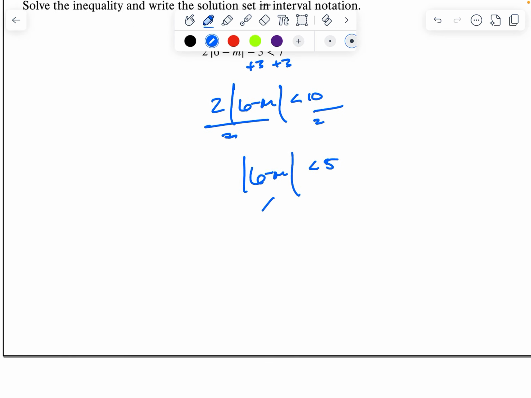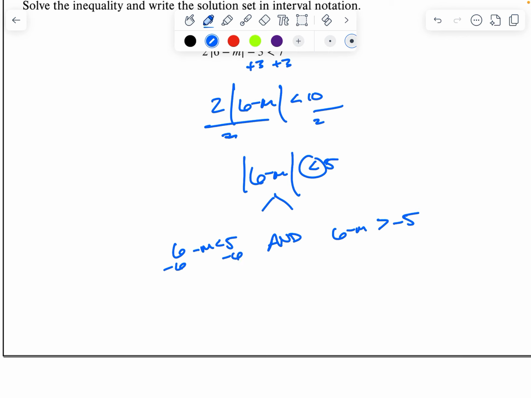Then we can break it apart into 2 different equations. Since it's less than, we know it's going to be an and. And 6 minus m, less than 5. One exactly the same, 6 minus m. These are like a protective barrier. You're not going to change what's inside of those. But what's outside, everything is going to change.